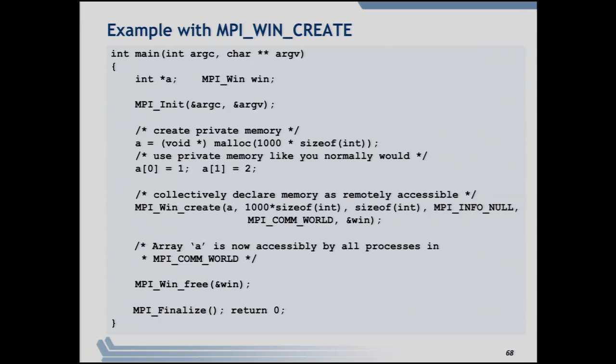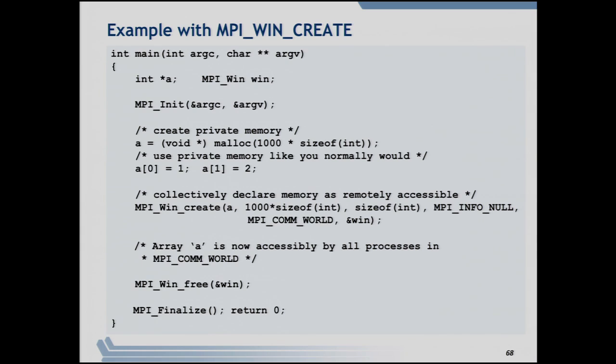Okay, so here's an example. Here I allocate some memory. I create a window with that memory location. The displacement unit is the size of int. Again, this info is null. It's going to be collective over comm world. I get this win.